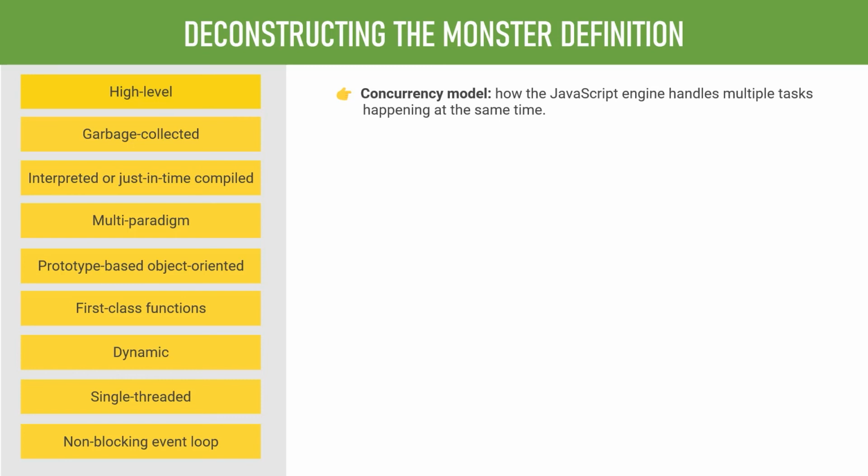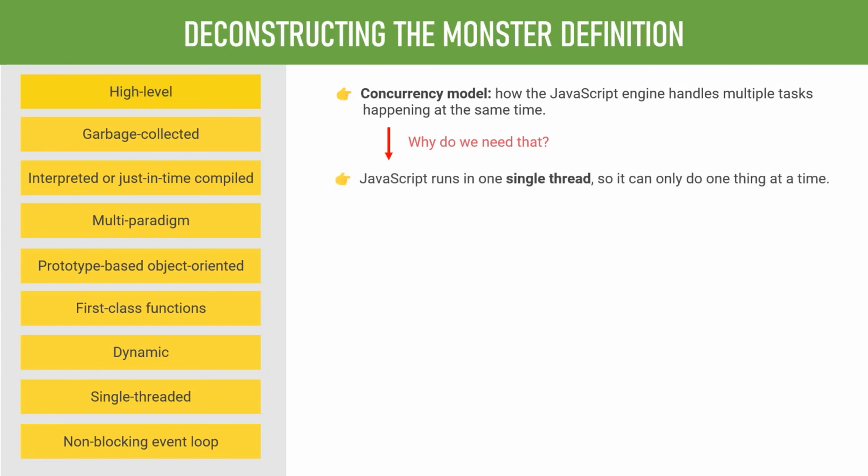Now, okay, that's cool, but why do we need that? Well, because JavaScript itself runs in one single thread, which means that it can only do one thing at a time, and therefore we need a way of handling multiple things happening at the same time. And by the way, in computing, a thread is like a set of instructions that is executed in the computer CPU. So basically, the thread is where our code is actually executed in a machine's processor.